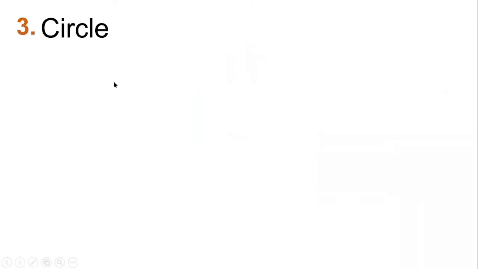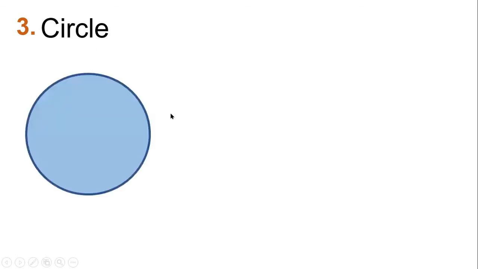Now we look at circle. Look at this shape. And we know that it is a circle. So, how many sides does it have? Look at it and tell me, do you think it has any sides? Yes or no? Look at it.